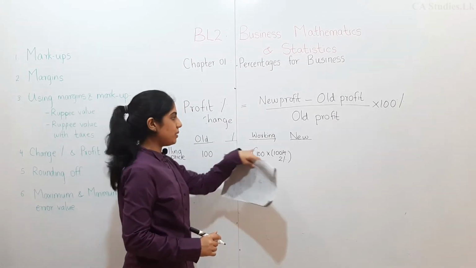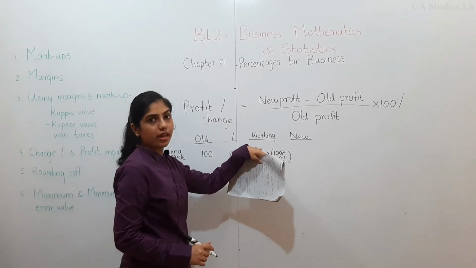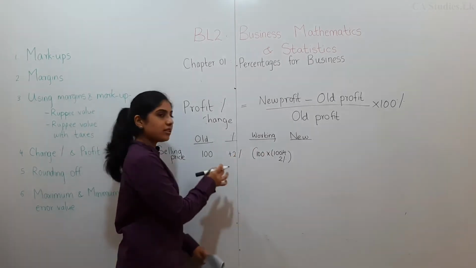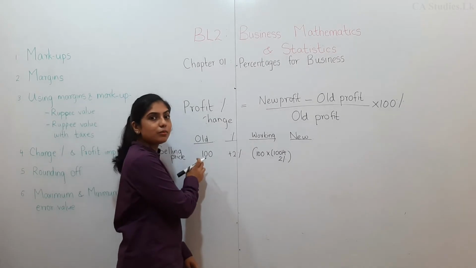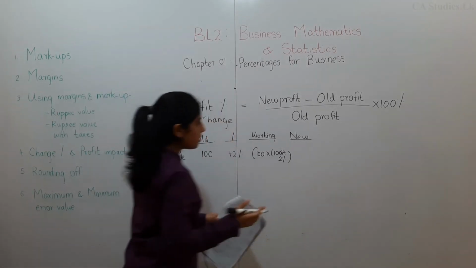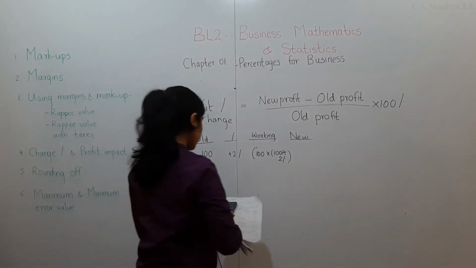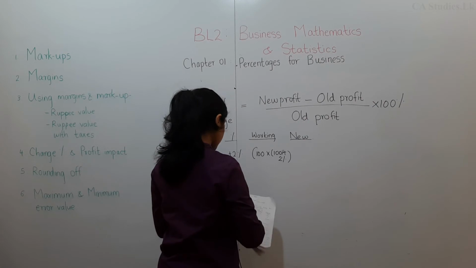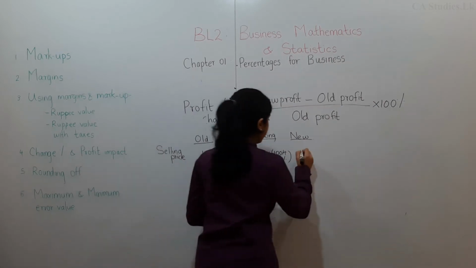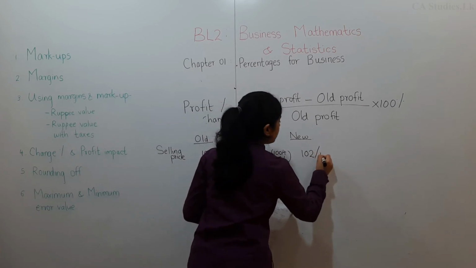That's why you can multiply by 102%. If it's not the base, you cannot. But always what changed is only the base. So 100 into 102% is 102, your new selling price per unit.